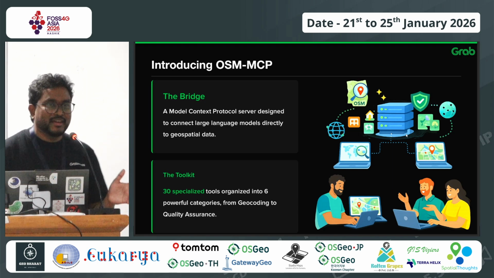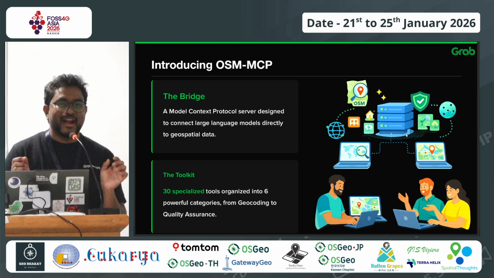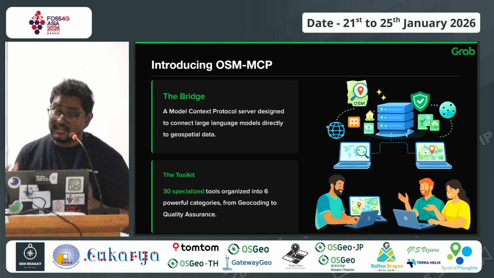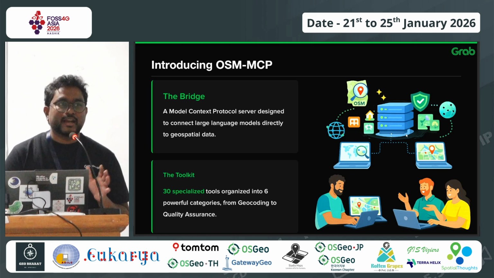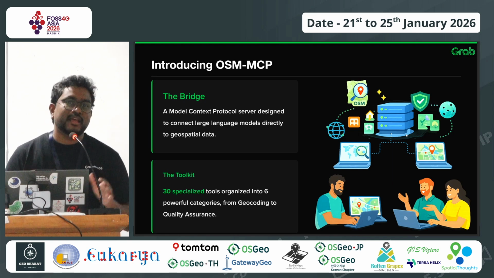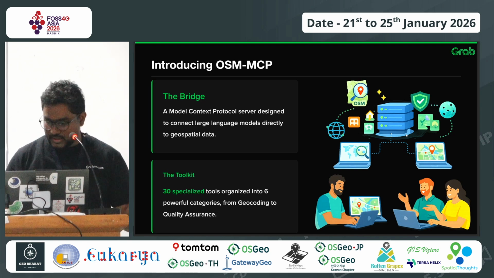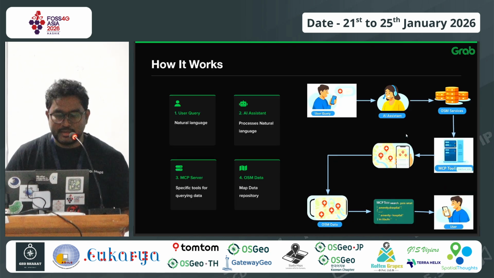In this MCP, I have managed to add about 30 specialized OSM-based tools so that you can interact. In this presentation, I have categorized them into 7 categories that I'll explain one by one.